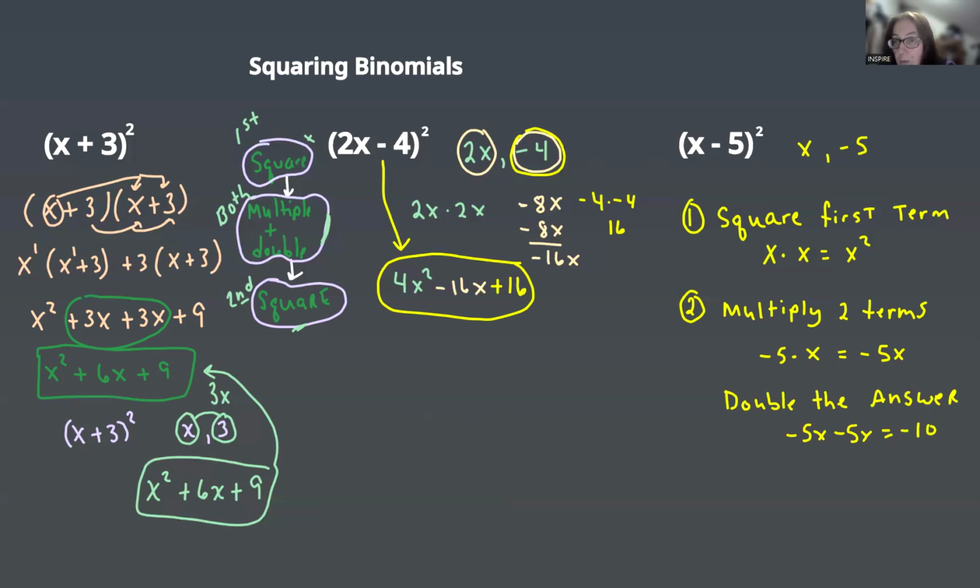Circle this one too. And step three, square the second term. -5 times -5 is +25.